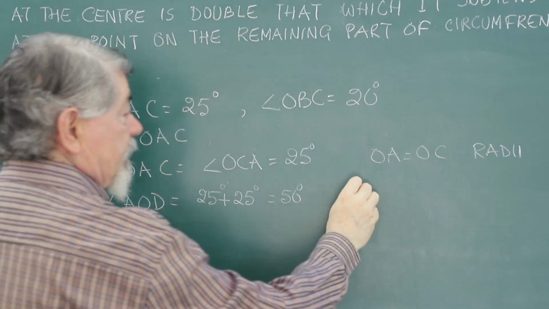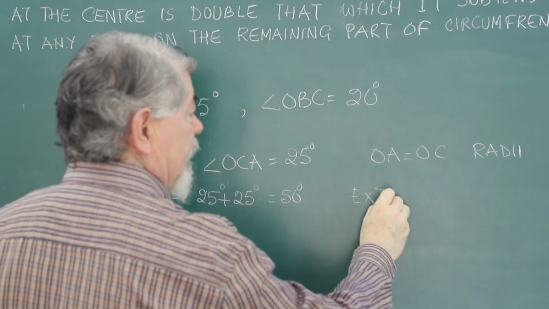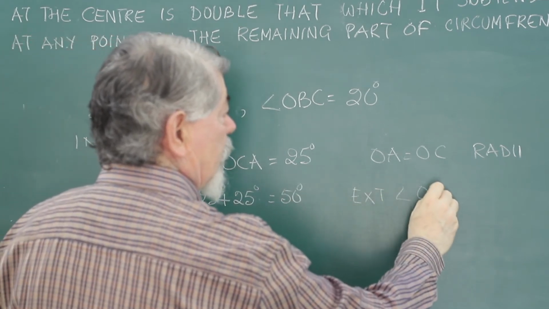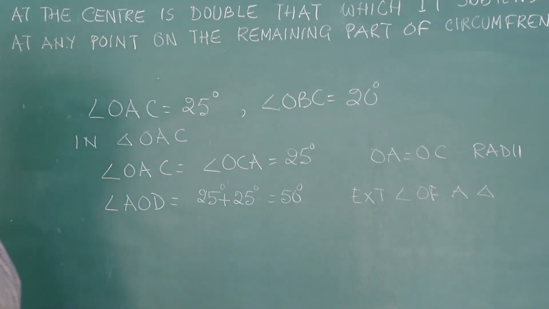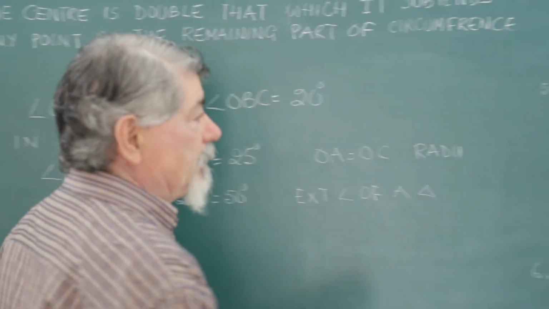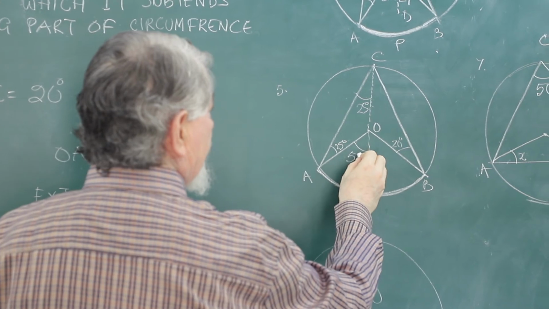The property is: the exterior angle of a triangle is equal to the sum of the interior opposite angles. This has come out to be 50.